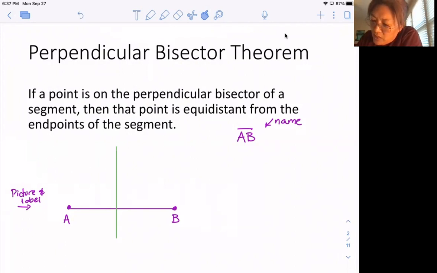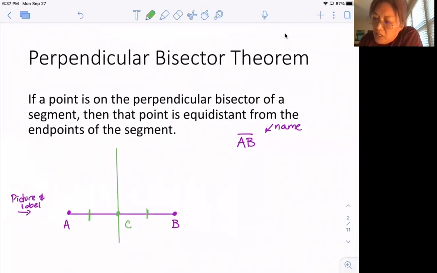So let's say it intersects at point C. That means this piece AC and this piece CB are congruent. And let's call this D. So AB is perpendicular to DC, DC being the segment that is intersecting AB.